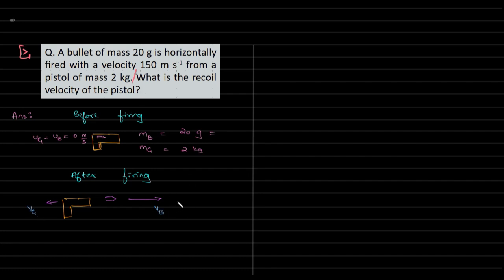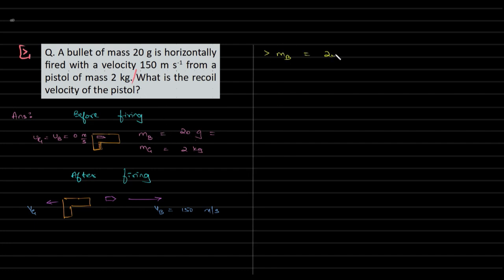So this bullet is moving at a speed of 150 meter per second. And here the recoil, that is the pushback on the gun, is VG. We don't know how much that is, we need to figure it out. So this is your entire picture. First we need to convert MB.